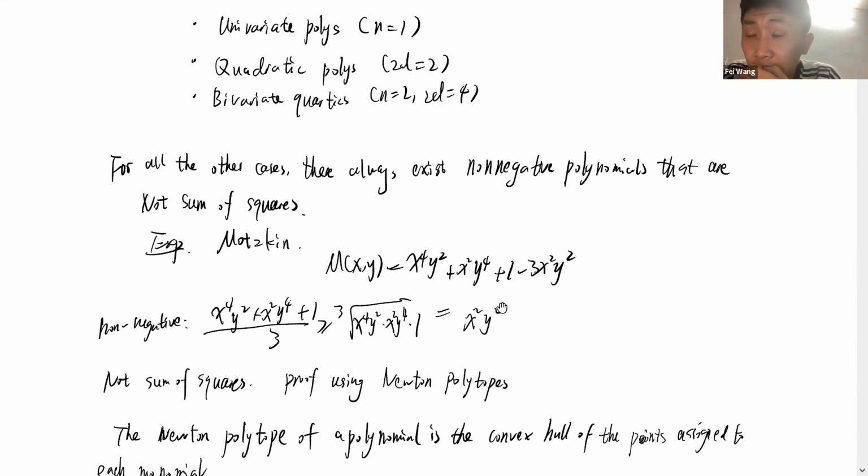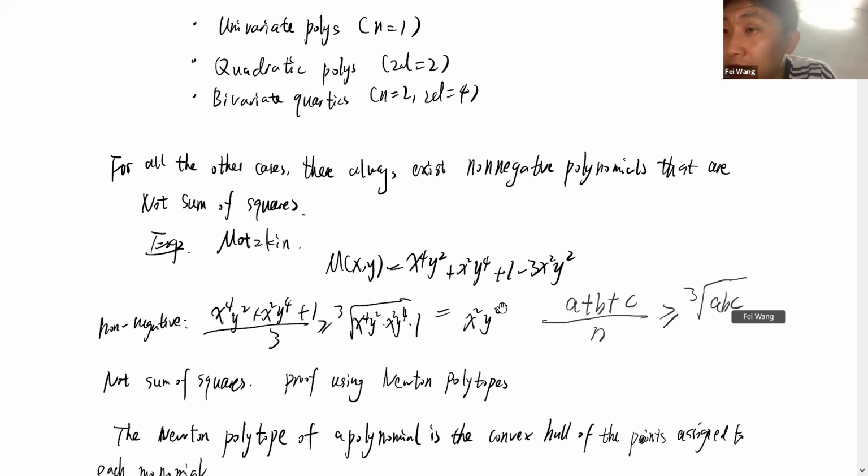We can verify the non-negativity of this polynomial using the arithmetic-geometric mean inequality: (a plus b plus c) divided by 3 is greater or equal to (a times b times c) to the power of 1/3. Generally you can replace this 3 by n.